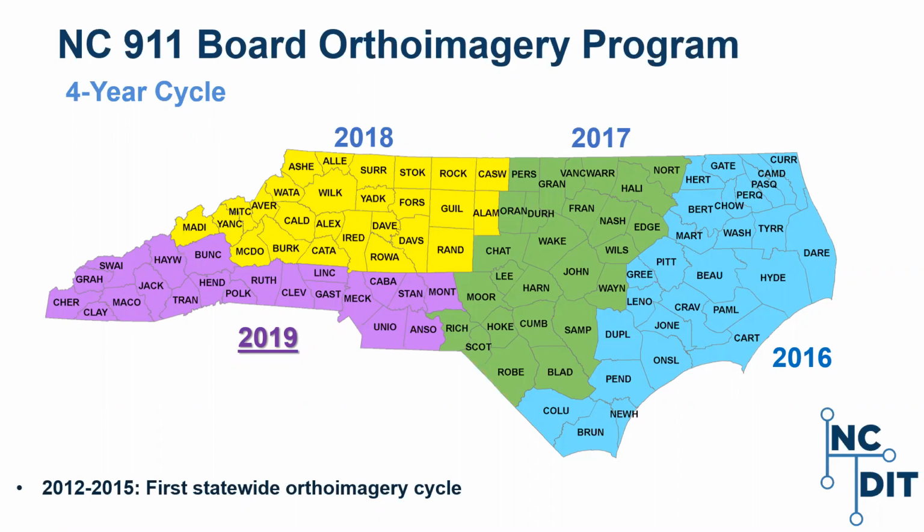Well, one of the things we encourage is for local governments to buy up if they feel like they need to. So Wake County, there in the center of the green, is the Raleigh area. Charlotte is Mecklenburg County in that purple area. There's some other urban areas that buy up to 3-inch.